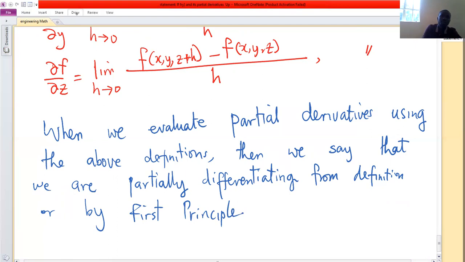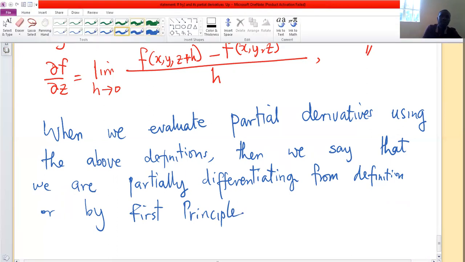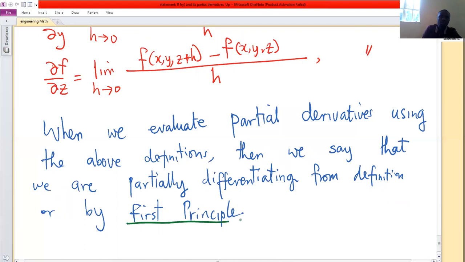So that's what we say when we find the partial derivatives using all the definitions we have given: we say we are differentiating partially by first principle or from definition.